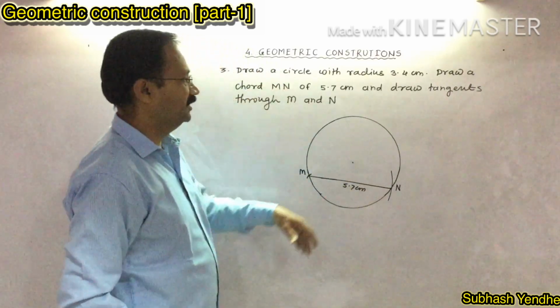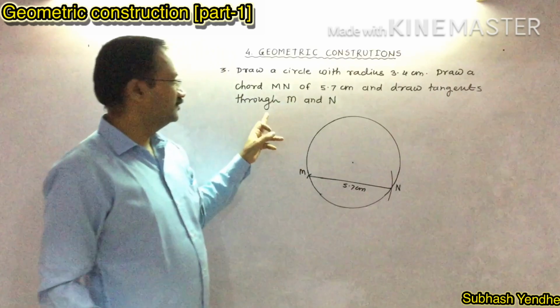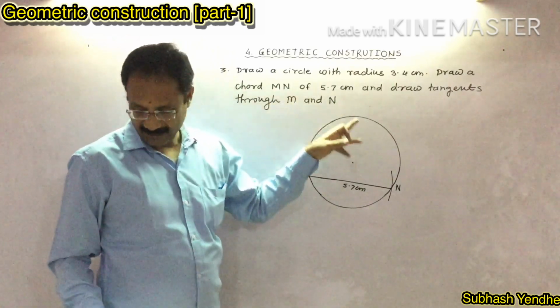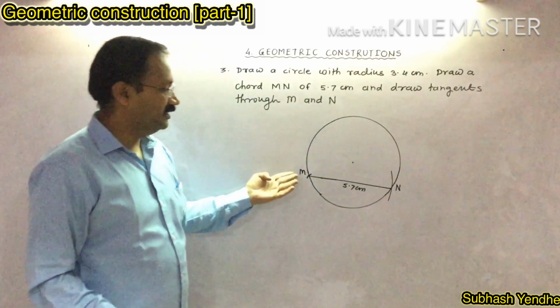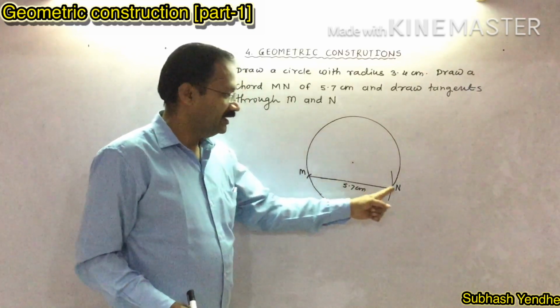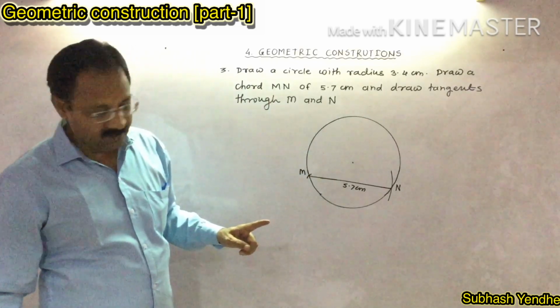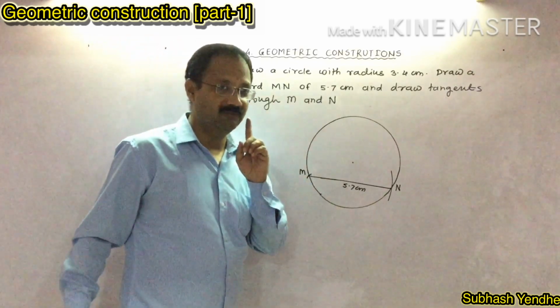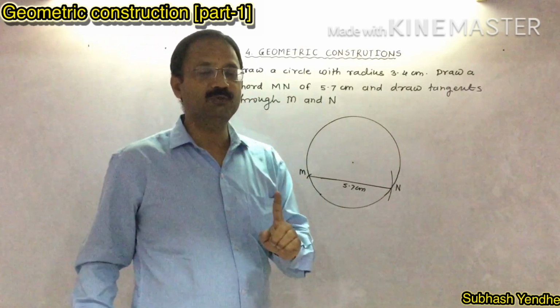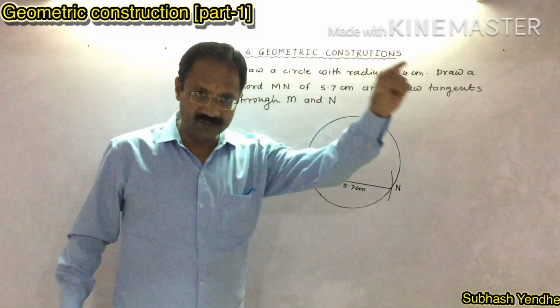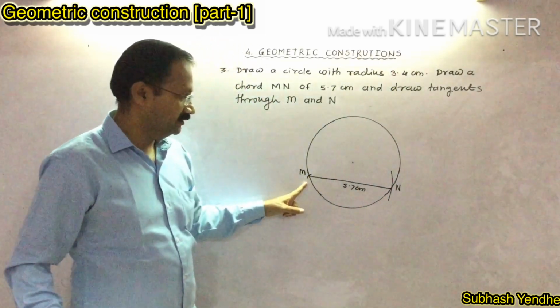Okay. Now they are saying draw the tangents through the points M and N. Now observe, M is on the circle, N again is on the circle. So if the point lies on a circle, remember this one point: you have to draw a line through the center and that point.